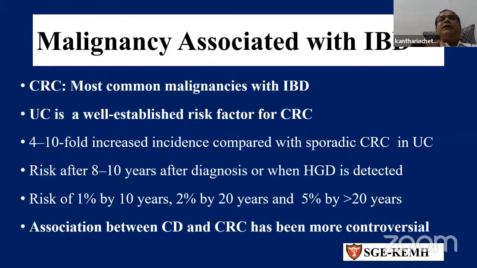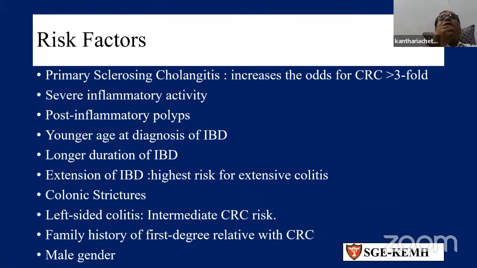In comparison, the association of colorectal carcinoma with Crohn's disease is not so well established and is a controversy. The common risk factors which have been implicated are primary sclerosing cholangitis, which is said to increase the risk 3 times the normal, severe inflammatory activity, presence of post-inflammatory polyps, diagnosis made at a younger age, longer duration of IBD, and extensive IBD with highest risk being in pancolitis.